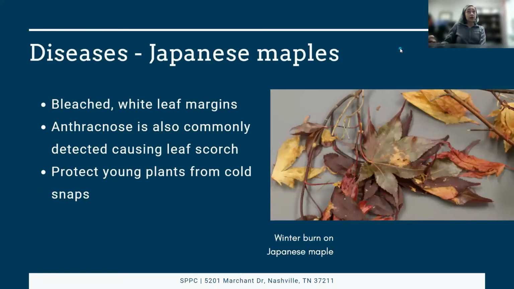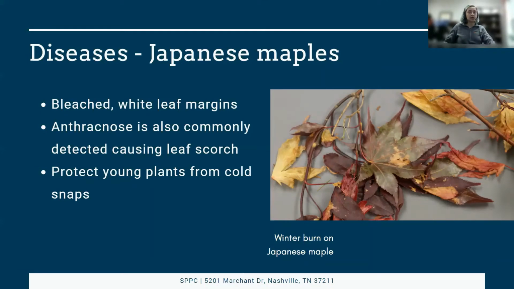I get a lot of Japanese maples in the lab throughout the year. A lot of the times they'll come in with this very bleached white leaf tissue. And these plants are very sensitive as well to environmental extremes. So right now is a really good time to be thinking about any young trees that we're planting.